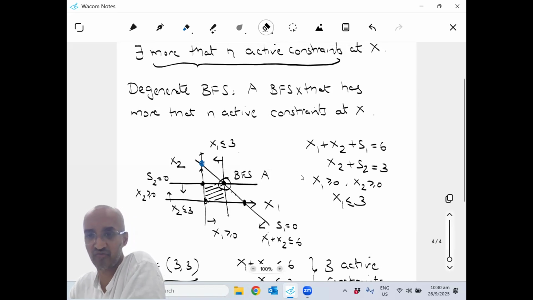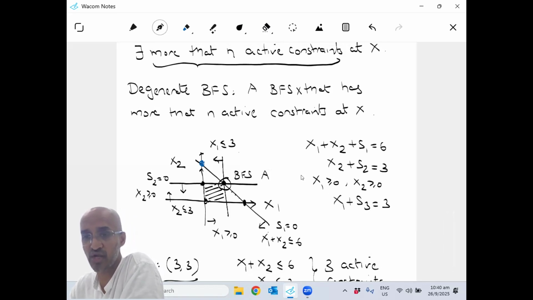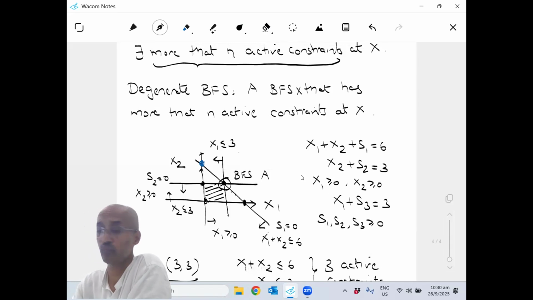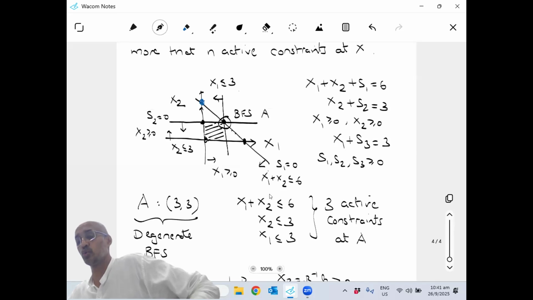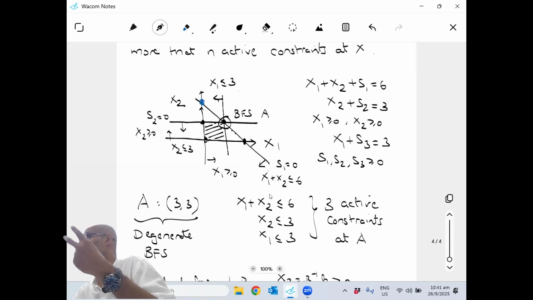And if I added in the third constraint here, a third slack variable, X1 plus S3 equal to 3, of course, I require all my slack variables to be non-negative.